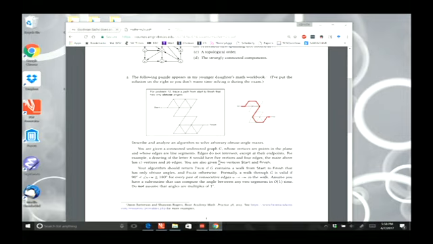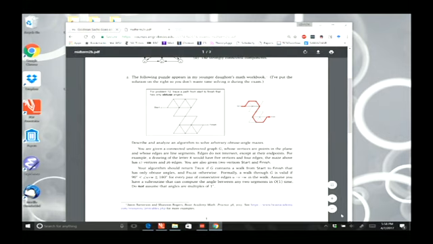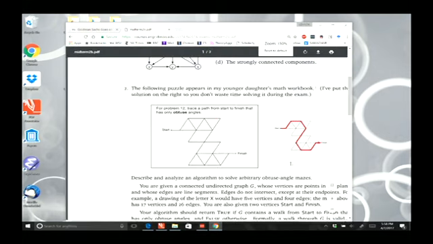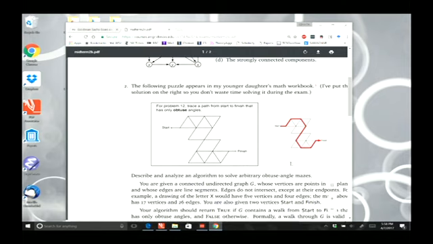Has anyone else solved this problem? What does it look like? Can you read it?